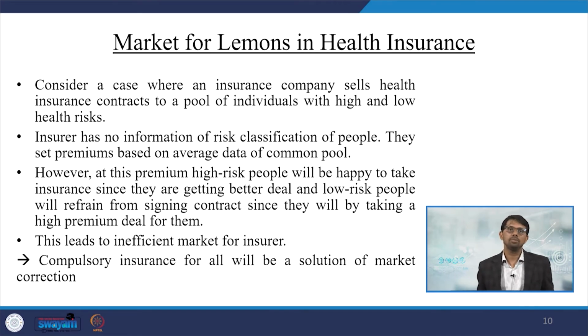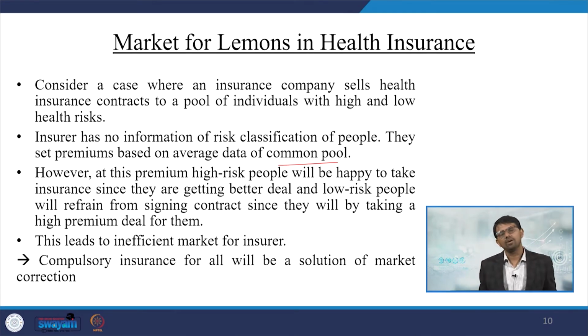They set premiums based on average data of the common pool. However, at this premium, high risk people will be happy to take insurance since they are getting a better deal, and low risk people will refrain from signing the contract since they would be taking a high premium deal.